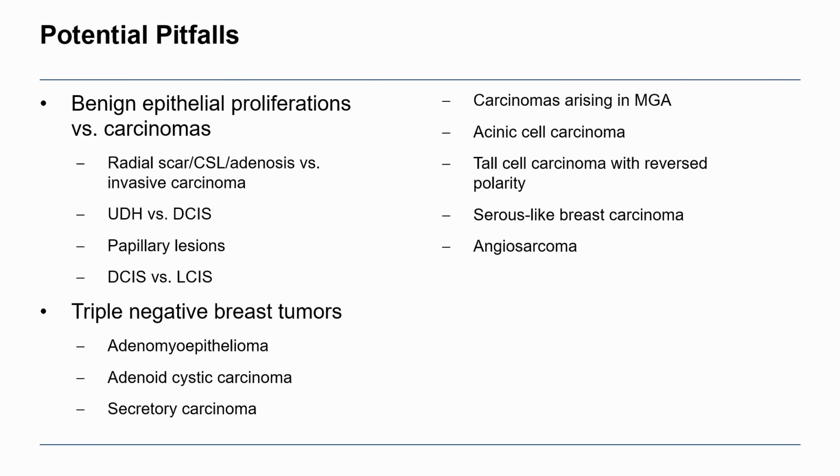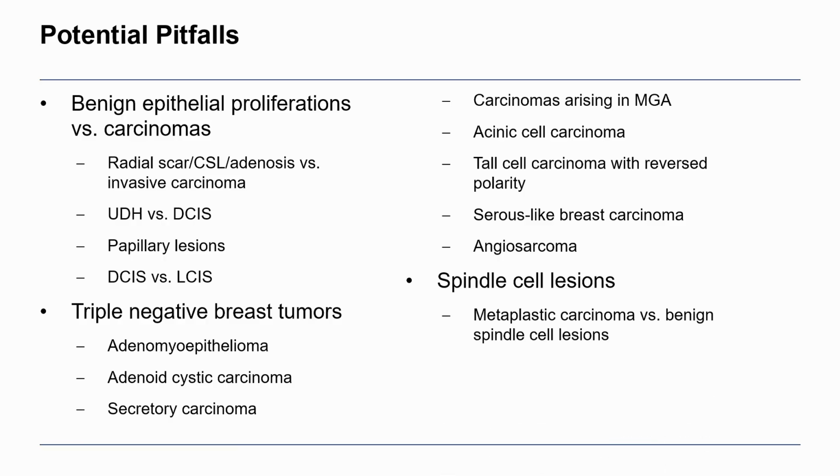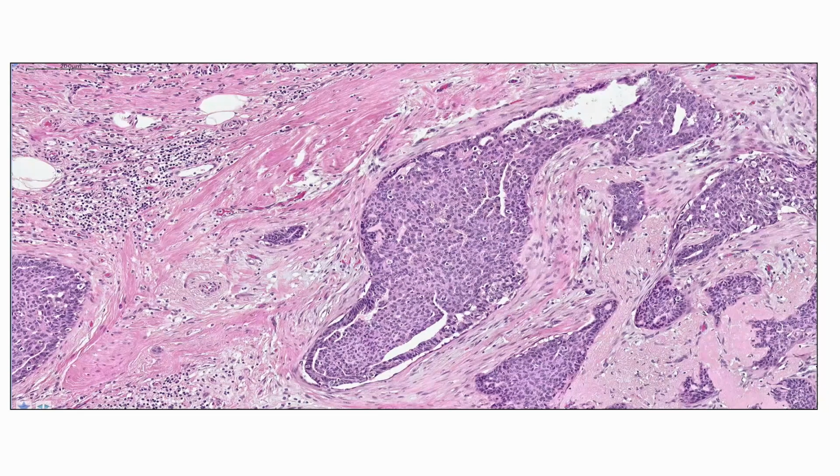Dr. Brogy has talked about triple-negative breast cancers, and I think Dr. Wen will also talk about it, so I won't go into too much detail. Spindle cell lesions as well; there'll be a slide seminar on that later on. That's the differential of metaplastic carcinomas versus benign spindle cell lesions, which we already heard about a little bit. I'll talk about displaced epithelium and reiterate a few points about metastases.